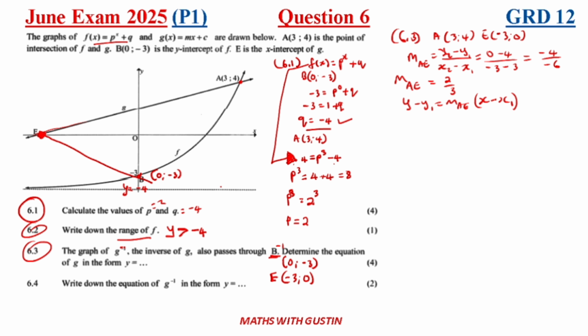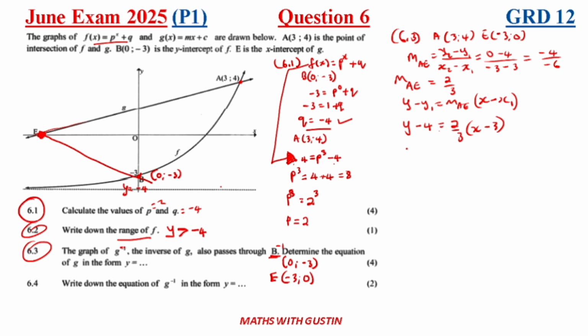We can choose any of the two points. Just in case you made a mistake, guys, I normally don't want to use the coordinates that I found myself, so rather use what was given. So we're going to use point A: y minus 4 equals 2 over 3 times (x minus 3).